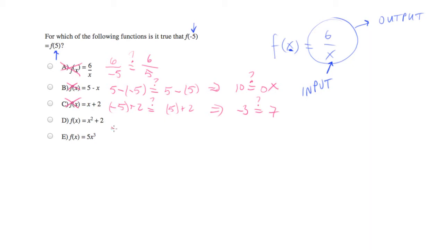So it's about -5 as an input. Square that plus 2. Is that equal to 5 as an input? This will simplify to 25 plus 2. Is that equal to 25 plus 2?